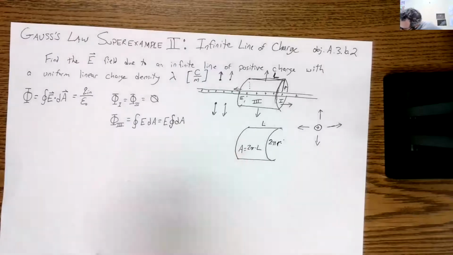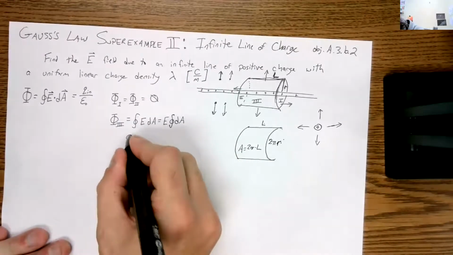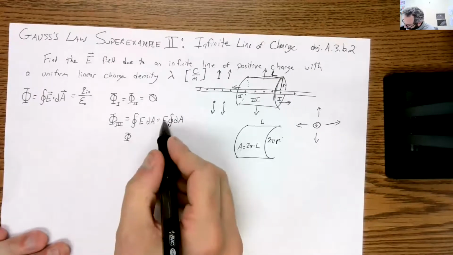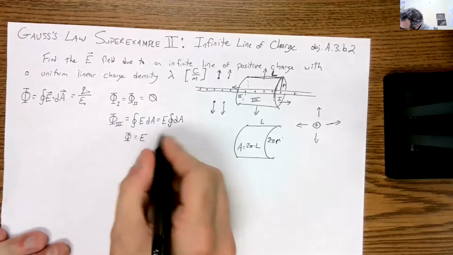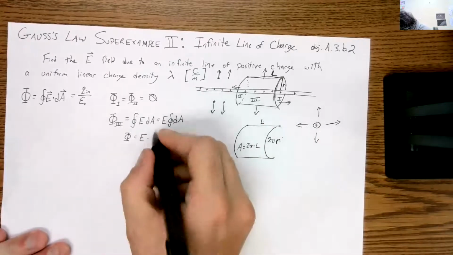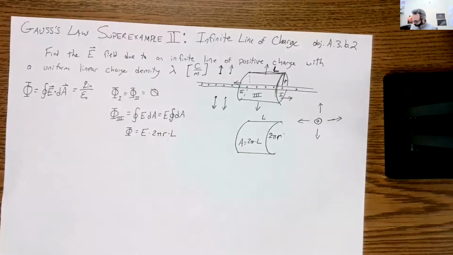So our total flux is just going to be the electric field E times the surface area of this cylinder, which is 2 pi r times L. That's our total flux through the surface. Any disagreements or confusion so far?